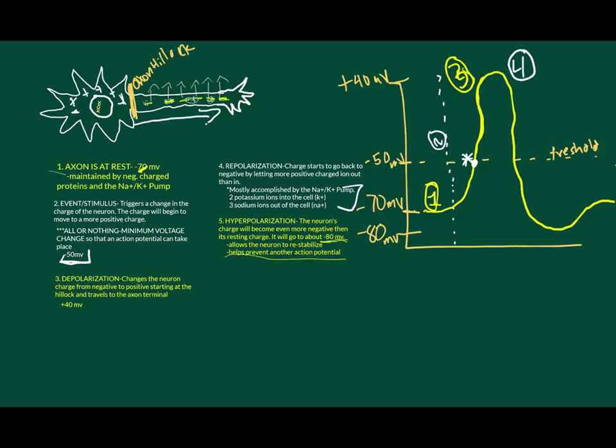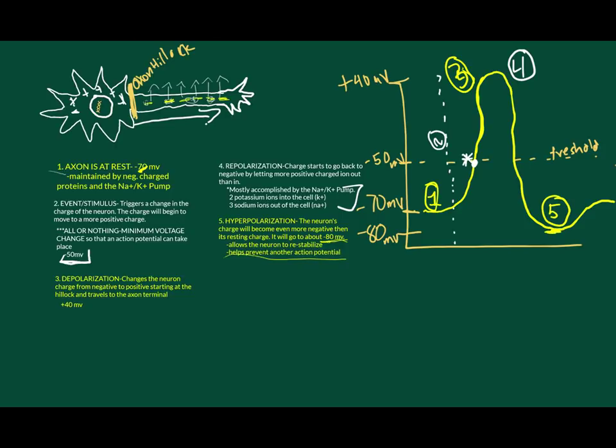We're going back down to negative. And so you have positive ions being pumped out faster than they're coming in. But the neuron is actually going to overshoot, and it's going to become a lot more negative, which is known as your hyperpolarization.